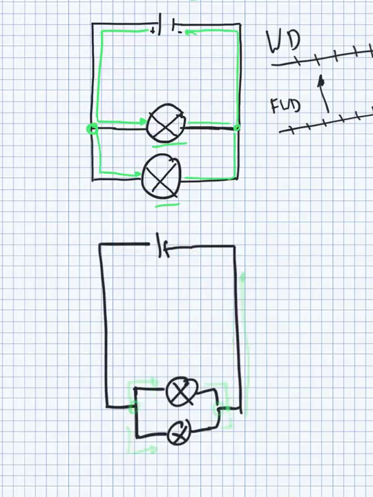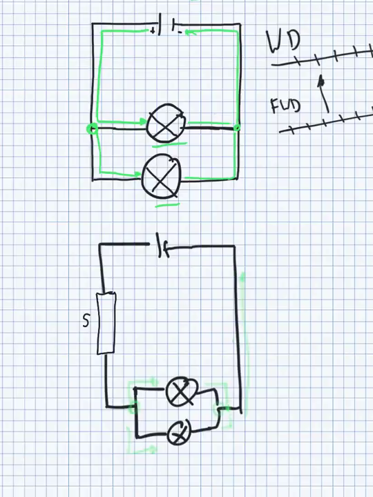Remember that a circuit can be a combination of series and parallel. In this example, you might have your parallel circuit, but in there you might also find something like a resistor, which would be in series.